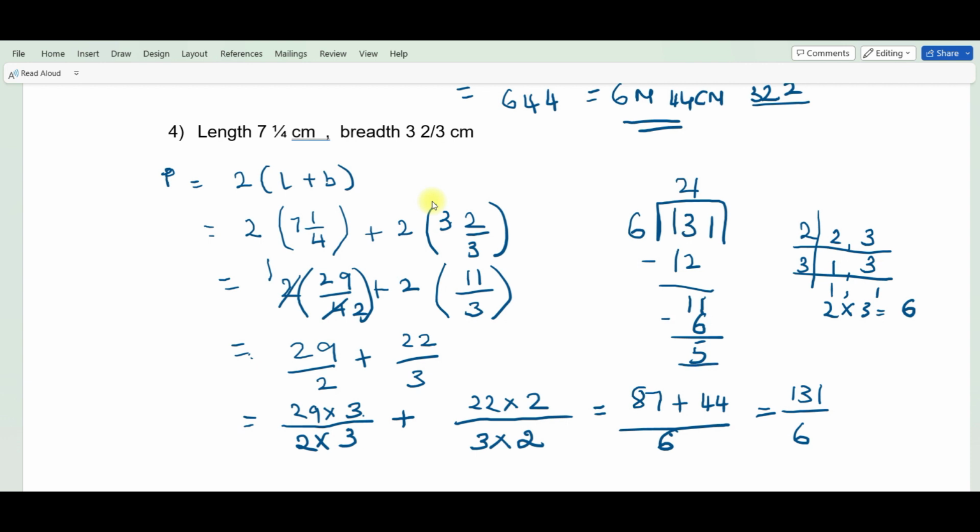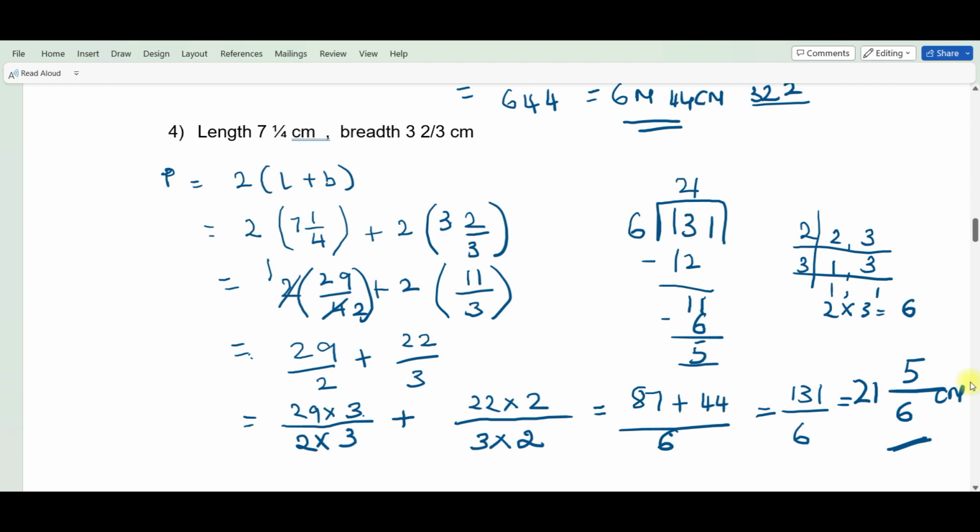So if I have to convert this back, as all you know, it would be the quotient first and the remainder by divisor. So this is the answer for the question, where the length is 7 1 by 4 centimeters and the breadth being 2 by 3 centimeters. You will have to solve the problem in this way. So the final answer for this question would be 21 5 by 6 centimeters.